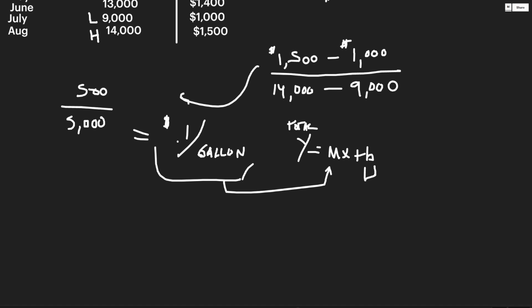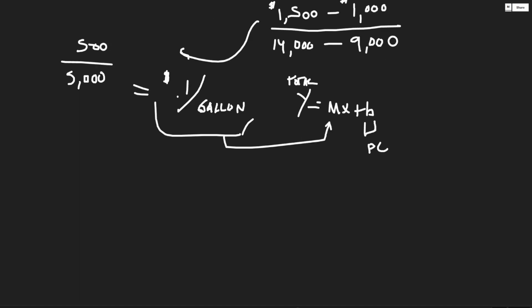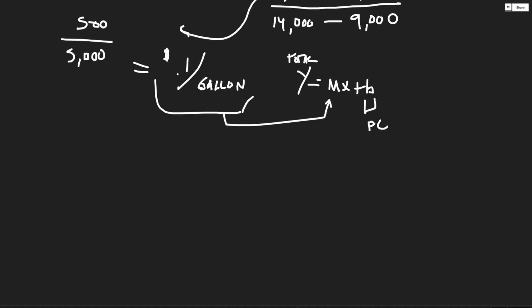And then this b here is going to be the fixed cost portion of your mixed cost. And so right now what we have is y equals 0.1 multiplied by that x, which is the level of activity, plus b.